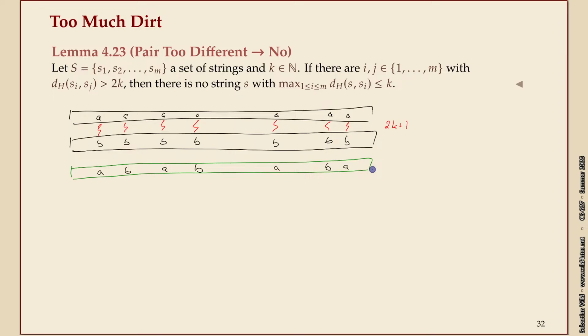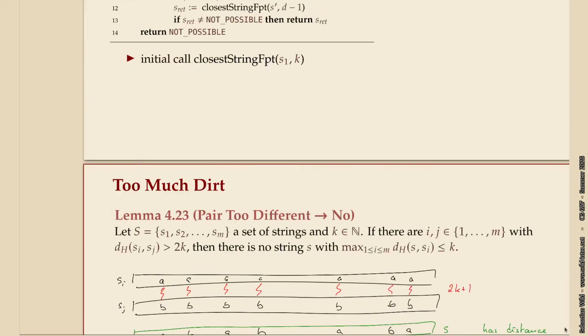And this is true no matter how you choose this green string. In the other cases, it might only get worse. Another way to see this, so I mean, this would be S. These are your Si and Sj. No matter how you pick it.